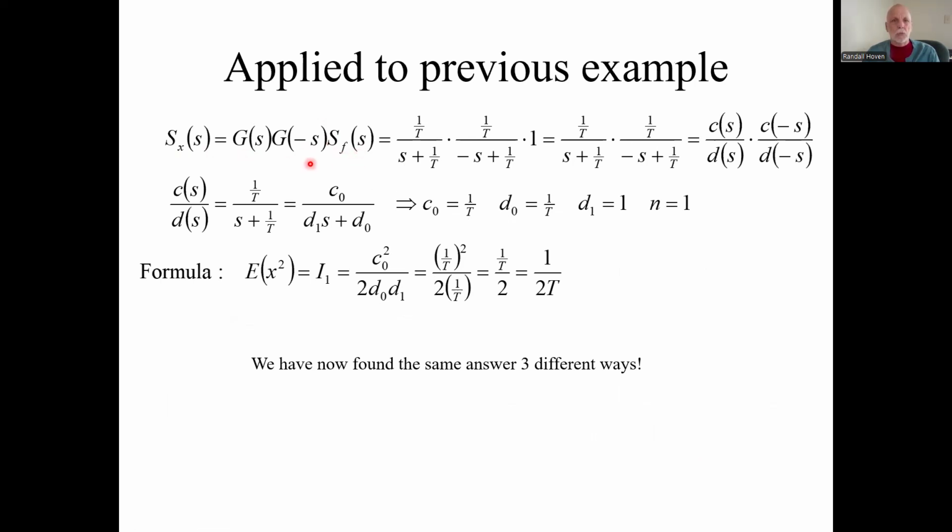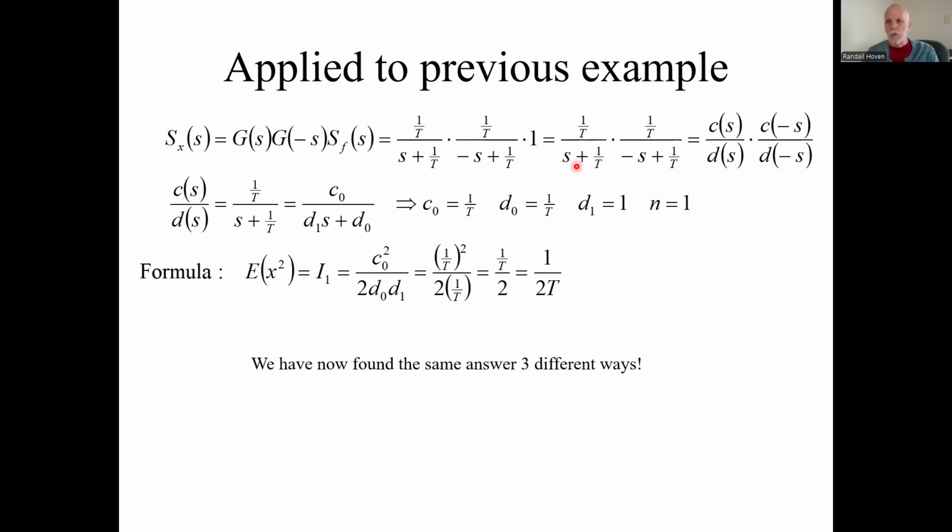Well, this is the nice way to do it because that automatically splits up the G part into a part with all left half plane zeros and poles, and another part with right half plane zeros and poles. And in this case, this input PSD was just 1. So that our C(S) over D(S) is just this guy here.